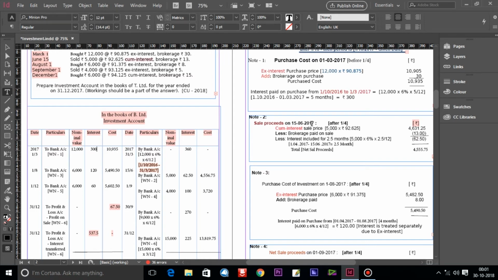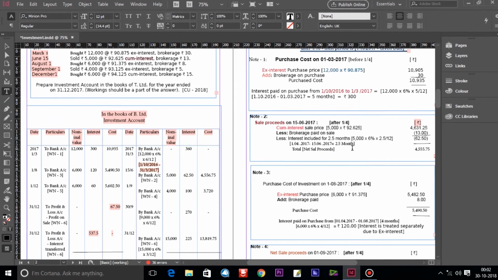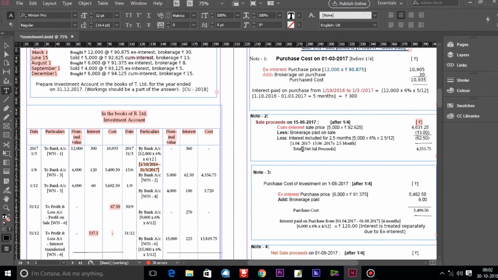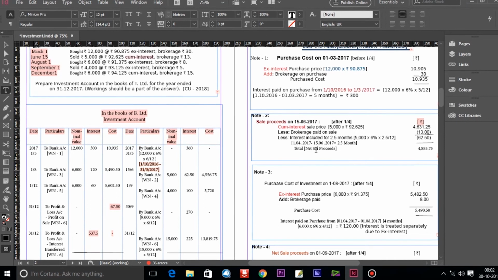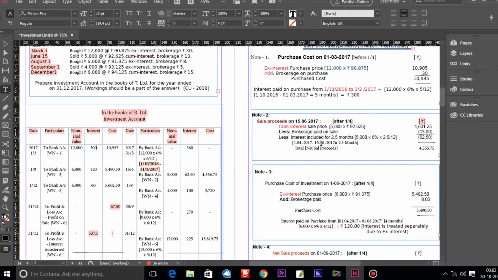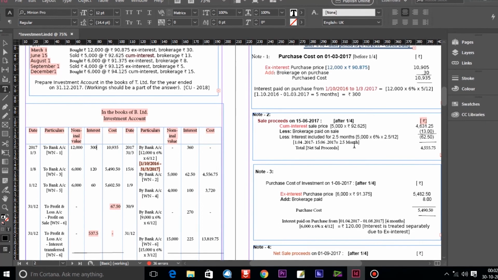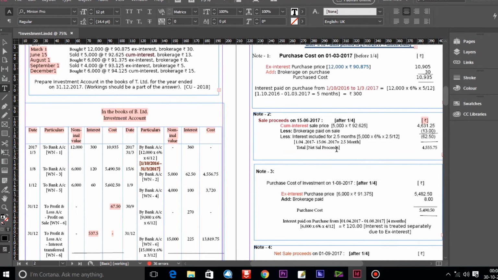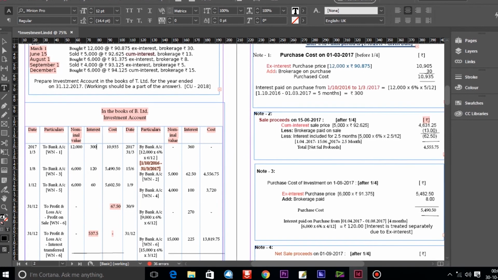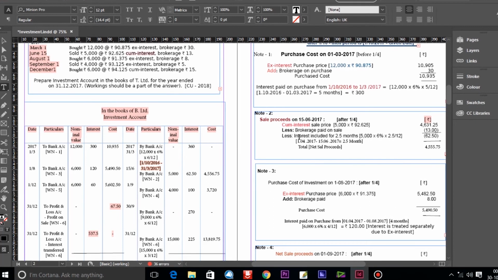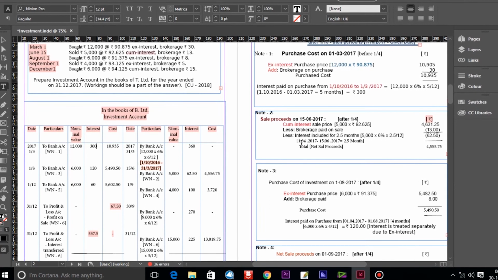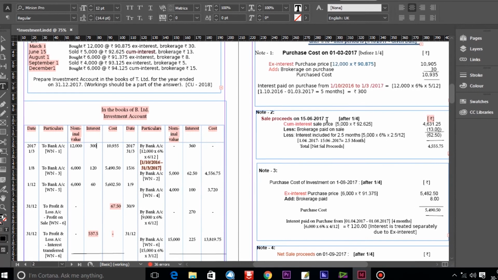Therefore, it is happening after 1/4. So, you have to charge interest for the period 1/4/2017 to 15/6/2017, because that transaction is happening on 15/6/2017. Therefore, that is 2.5 months.